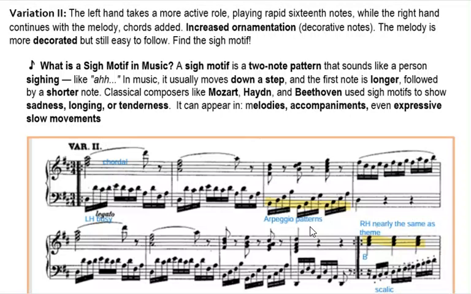So in the left hand, we have a more active role. You have to play rapid 16th notes. The right hand continues with a melody, but we have chords added. And in the B section, we will see increased ornamentation, and we also see decorative notes. And the melody is more decorated, but still easy to follow.